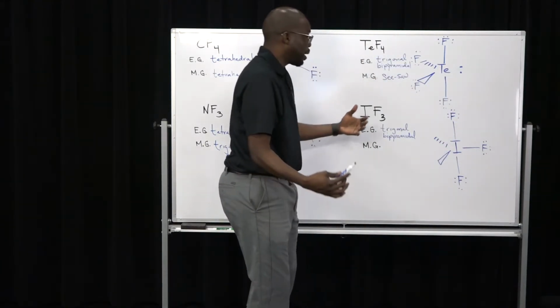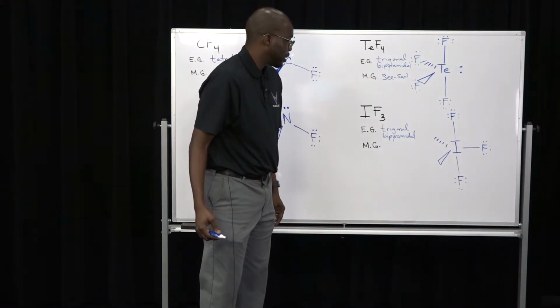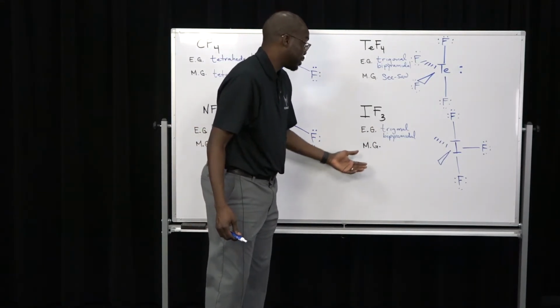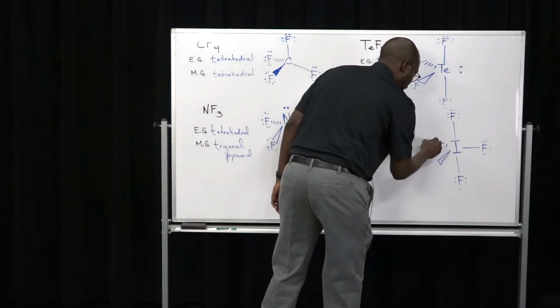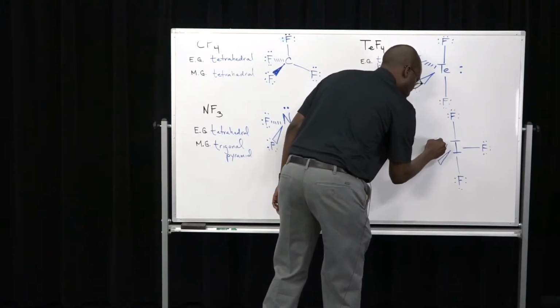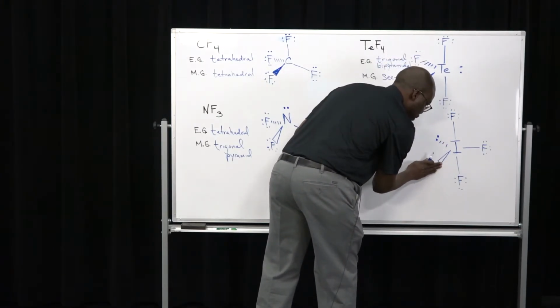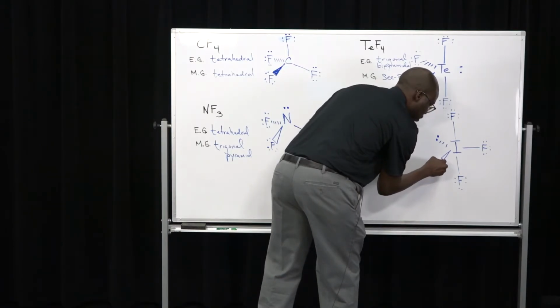So that means that we have 2 lone pairs on the central atom, and these 2 lone pairs are going to occupy the equatorial region. So we have a pair there, and also a pair here.